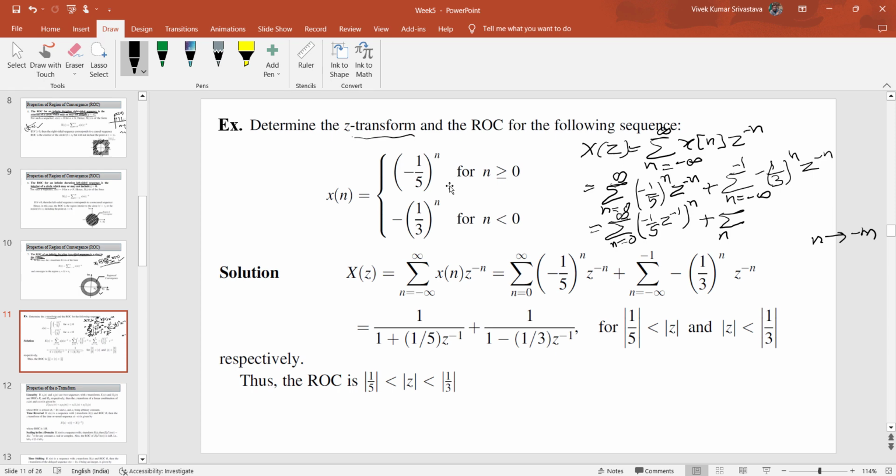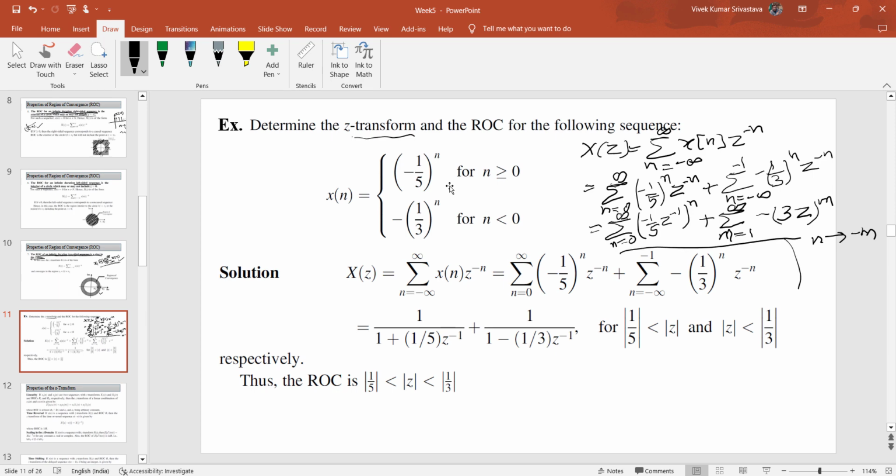The value of m will be 1 to infinity, and you can directly write it as 3z raised to the power m.